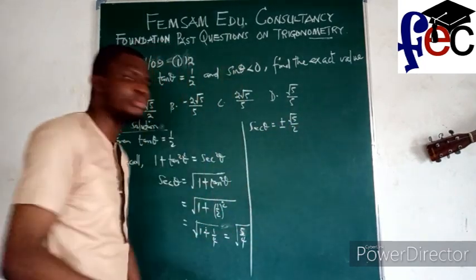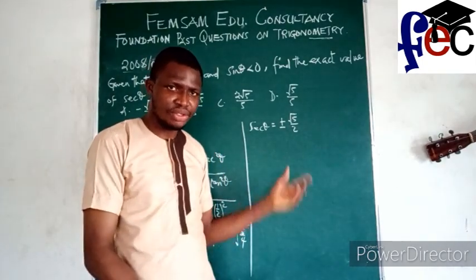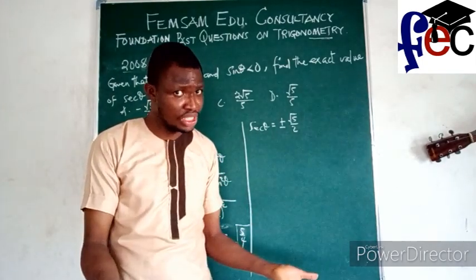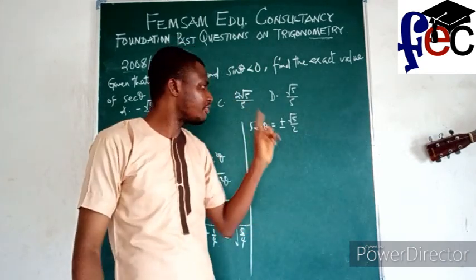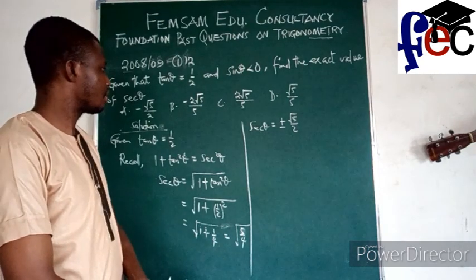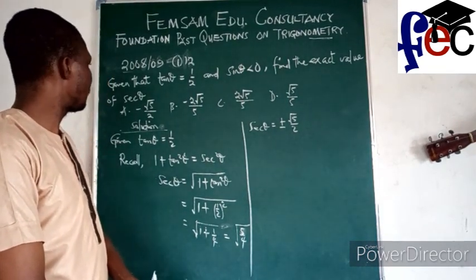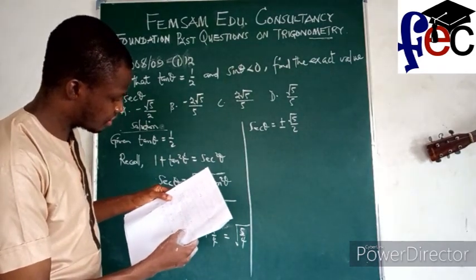So which one of them will be correct? Is it plus root 5 over 2 or minus root 5 over 2? We don't know yet. But they give us additional information that will help us check which of the two will be correct. Alright? I hope there is no mistake here.